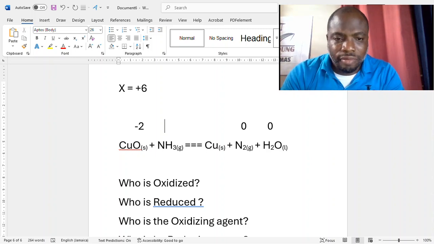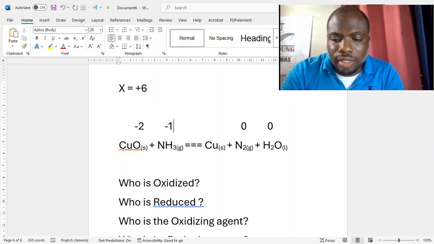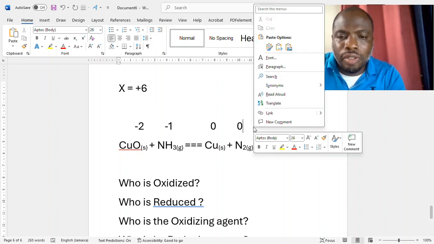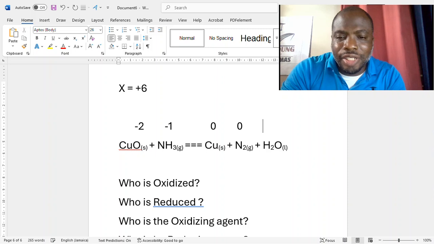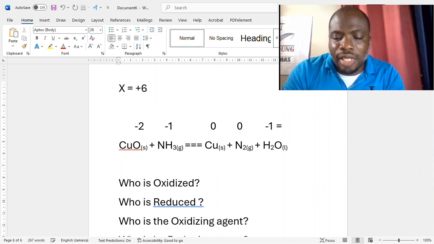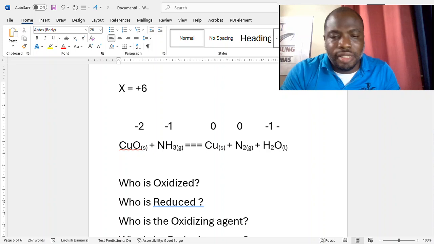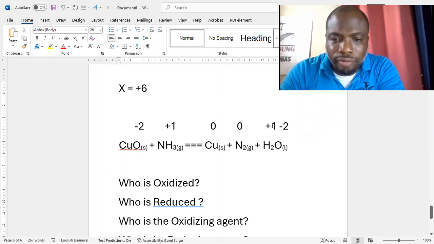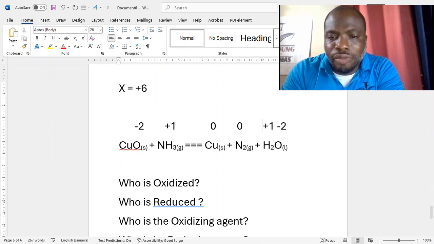Sorry, hydrogen is always +1, my bad, and I'm going to correct myself. So this is +1. We know that oxygen is -2. So those are the ones we work out.